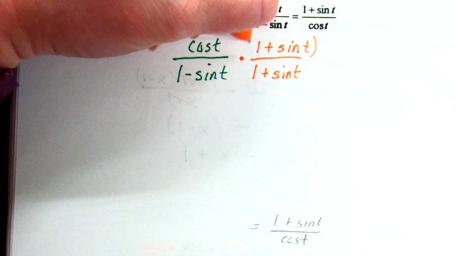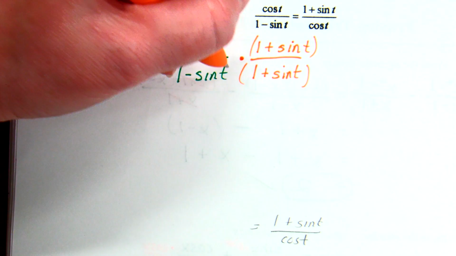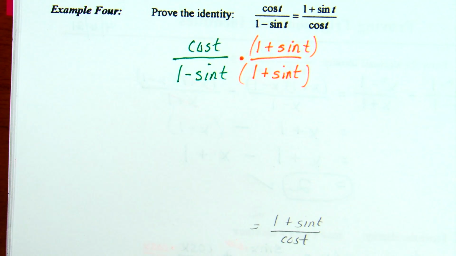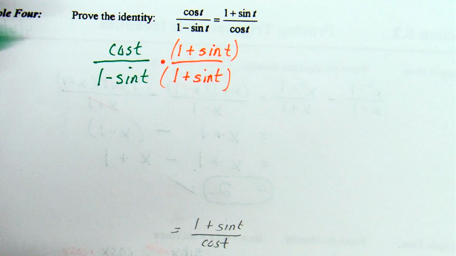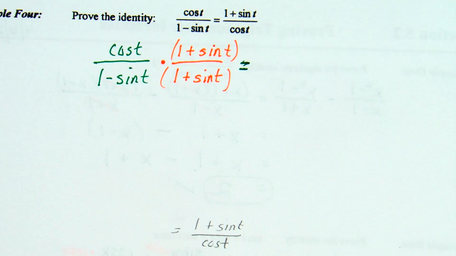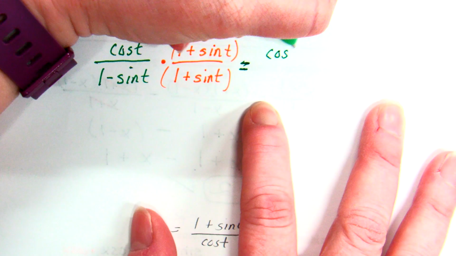What happens when we FOIL these? One times 1 is 1. Outsides and insides will cancel. And then I have minus sine squared t. What is that looking somewhat like?